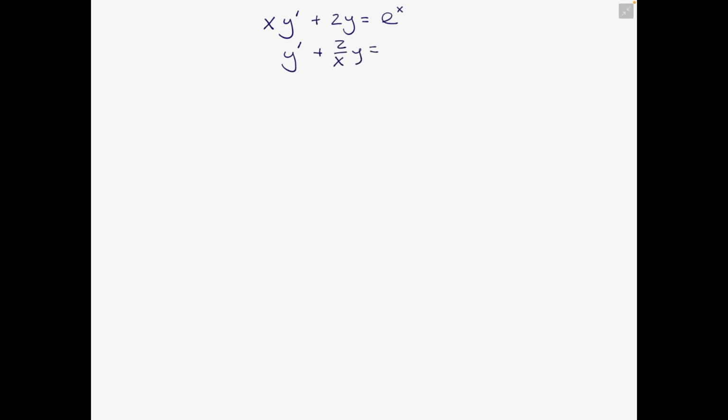Simplify it a little bit. All right, so p of x, we have g of x, and mu of x.